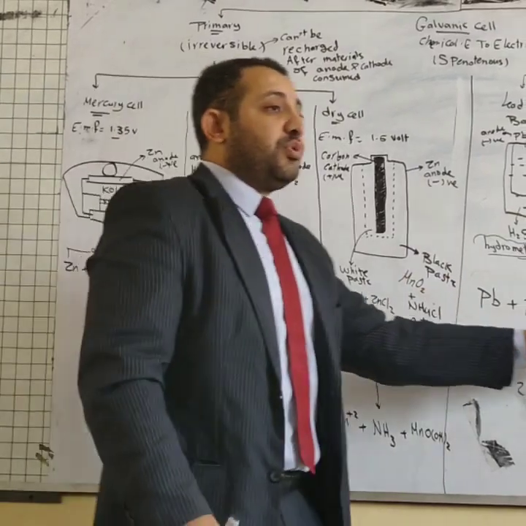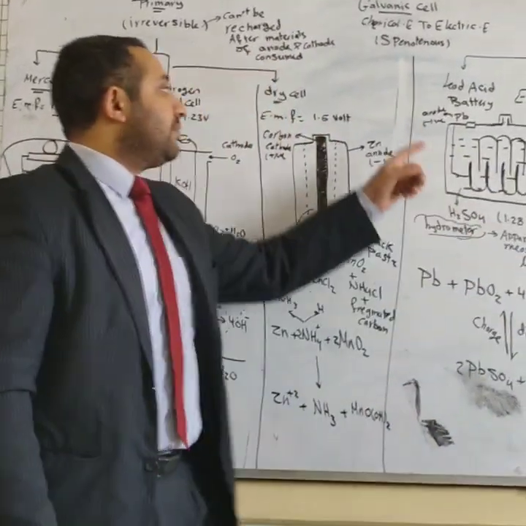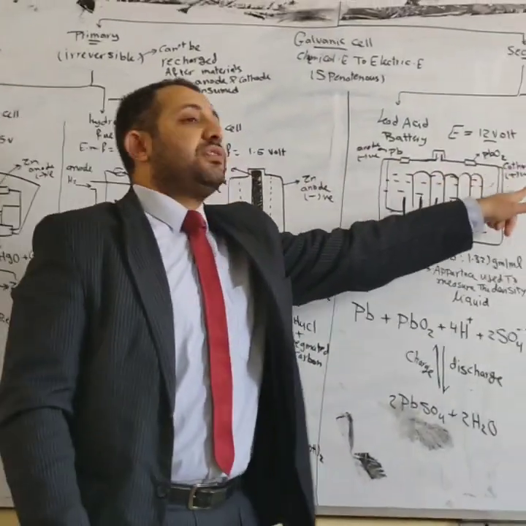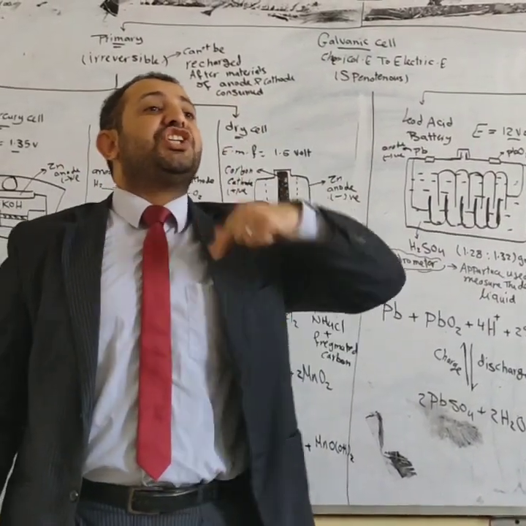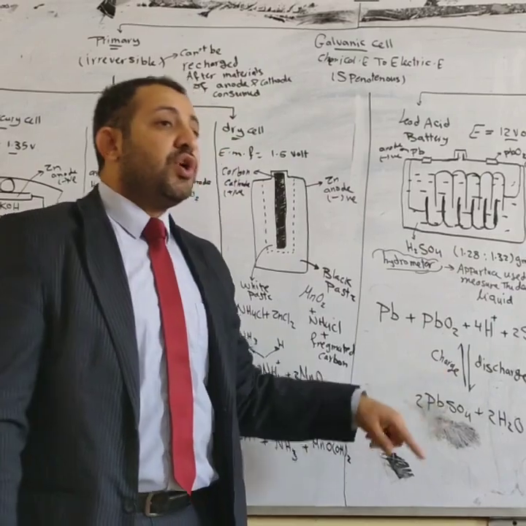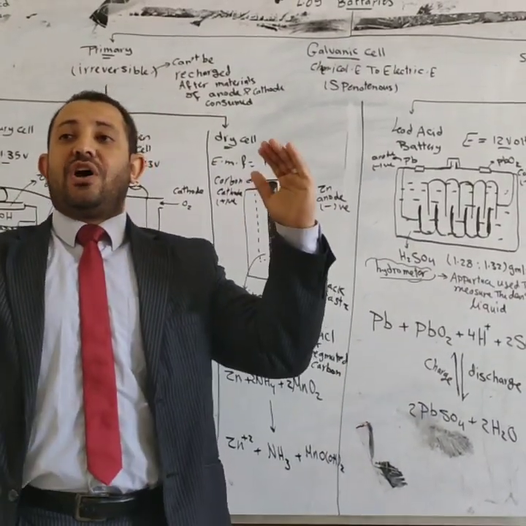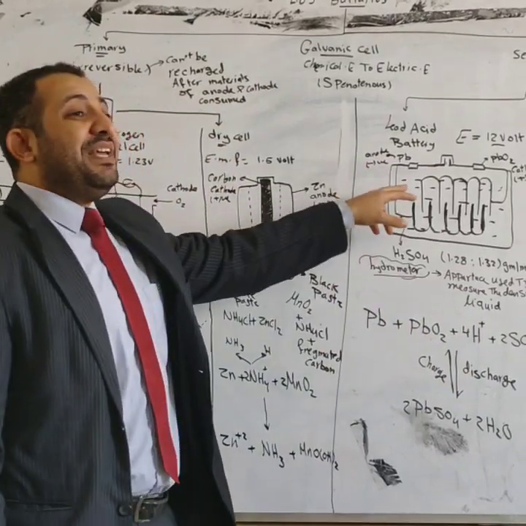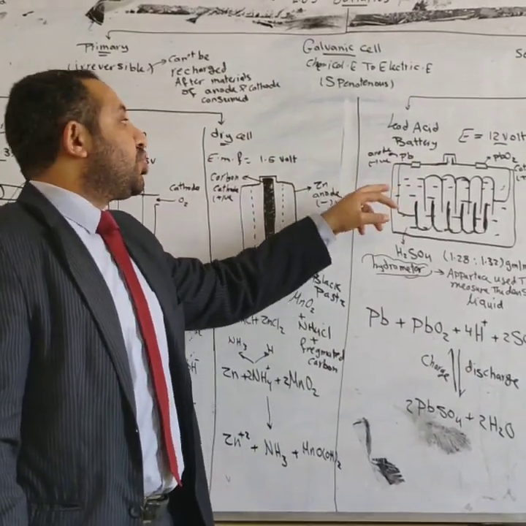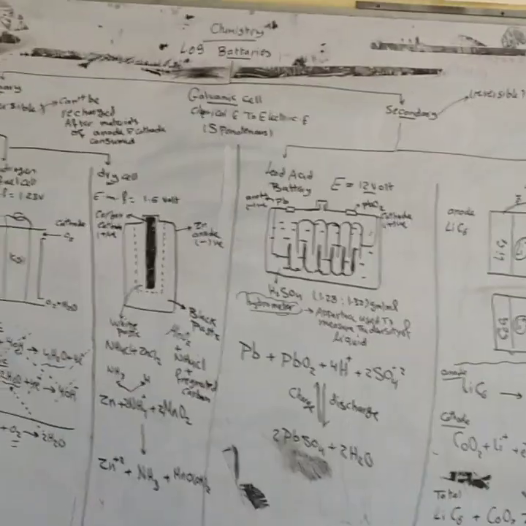When this cell works as a galvanic cell, the anode is the negative and the cathode is the positive. But in the case of recharging, the poles are opposite, meaning it will be an electrolytic cell.